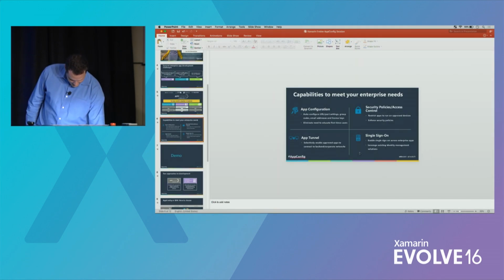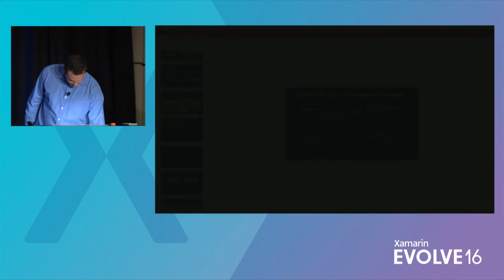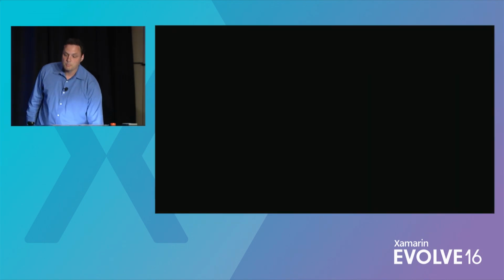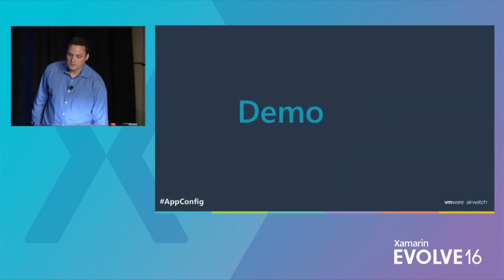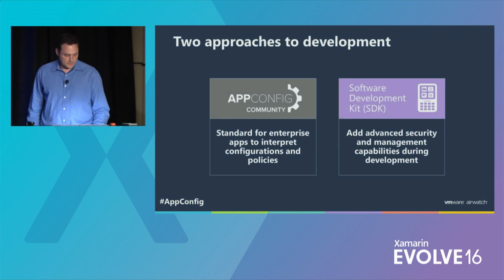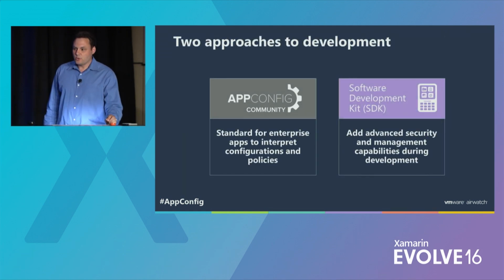So I'm going to switch back to the PowerPoint here real quick and talk about one other thing. Most people who have been doing enterprise development with an MDM provider have been doing it using a software development kit. Haman kind of talked about some of the pain with that. So we wanted to talk about under what circumstances you need a software development kit.